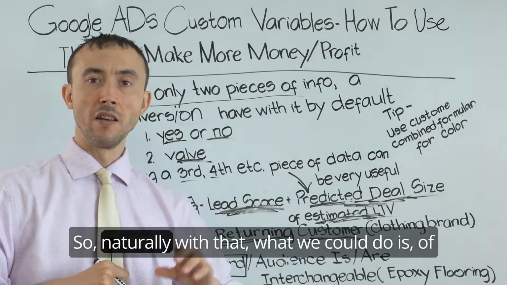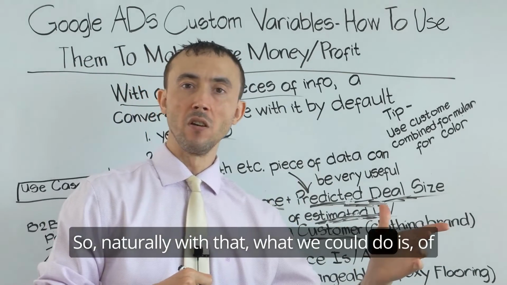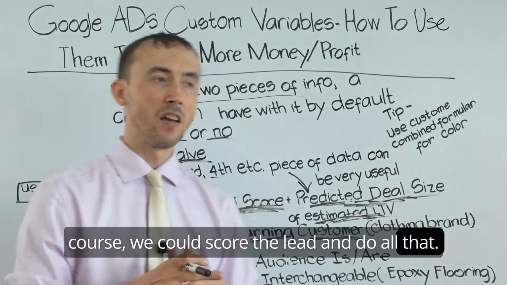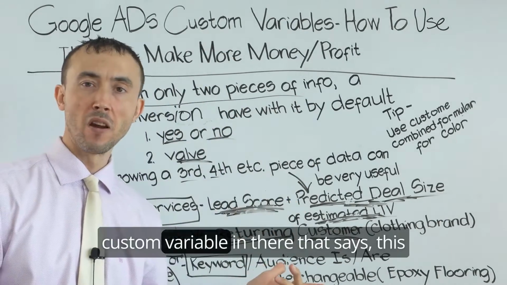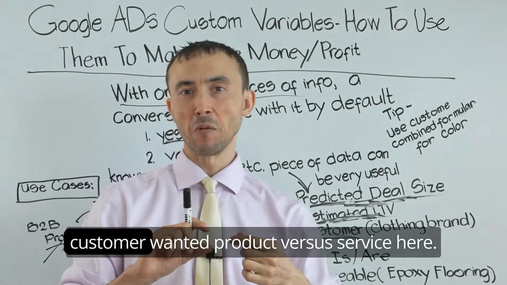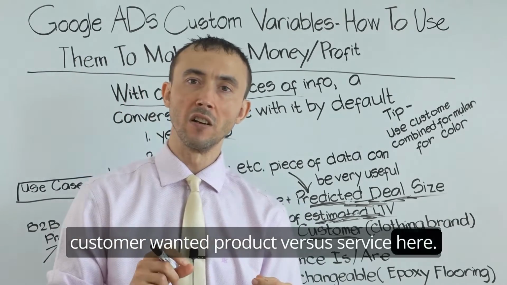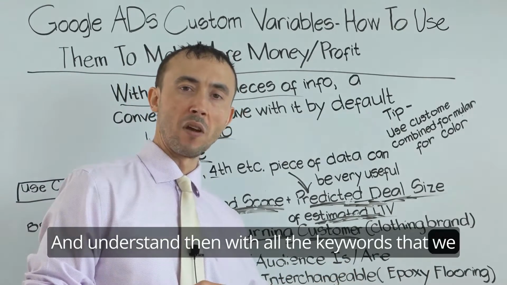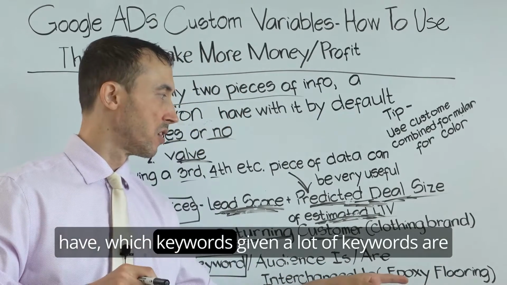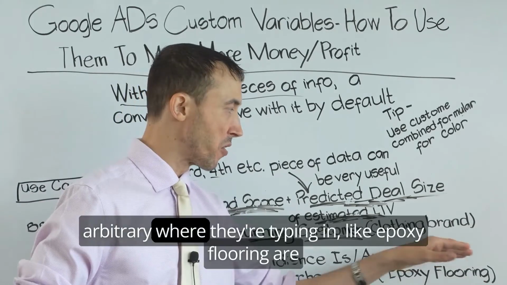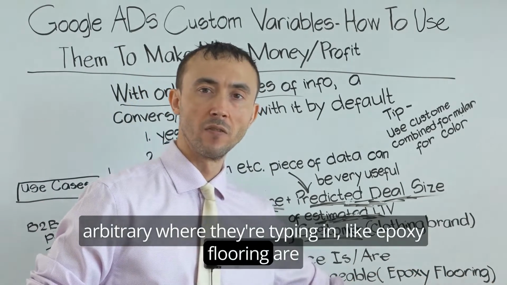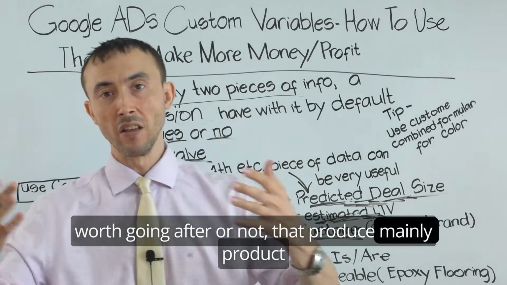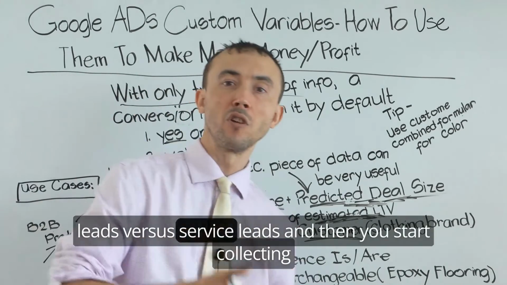So naturally, what we could do is score the lead, or we could add just a simple custom variable that says this customer wanted product versus service, and then understand, with all the keywords that we have, and given a lot of keywords are arbitrary, where they're typing in something like epoxy flooring, which keywords are worth going after or not, that produce mainly product leads versus service leads.